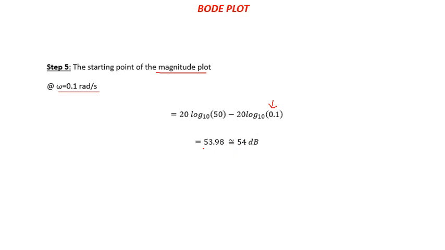When we calculate, we get a value equal to 53.98, that is equivalent to 54 dB. We should remember this point: the starting point at ω equal to 0.1 radians per second is 54 dB.